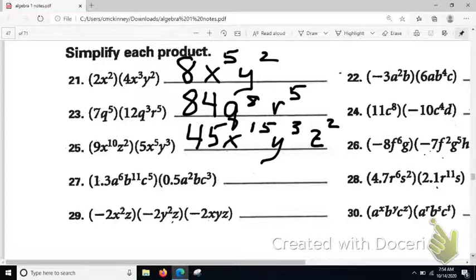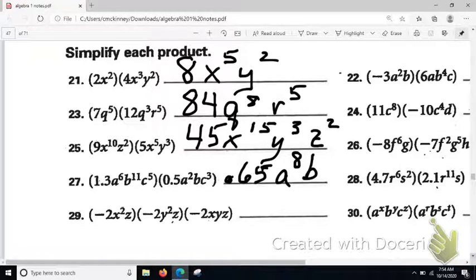So 27 tosses in a couple decimals, still the same process, guys. So 1.3 times 0.5 is going to be 0.65. You could always grab a calculator for that. And then A, 6 plus 2 would be A to the 8th.